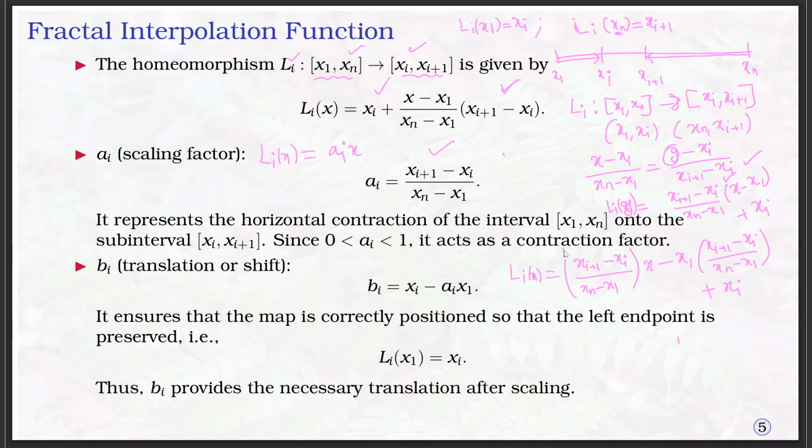Now, this term we are taking as ai. So, Li of x one can get ai times x.